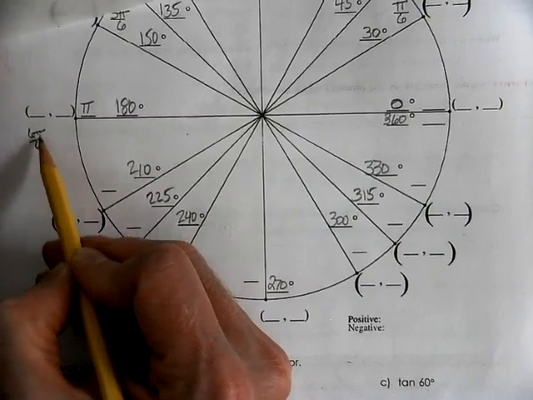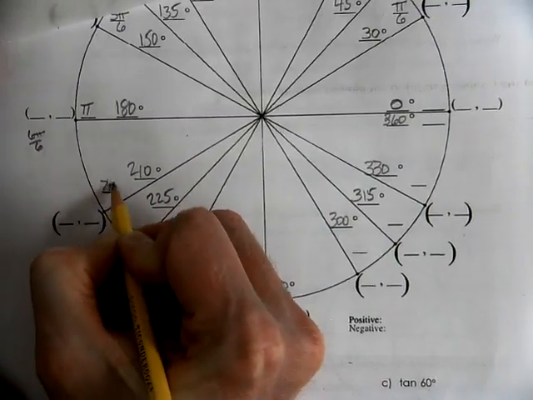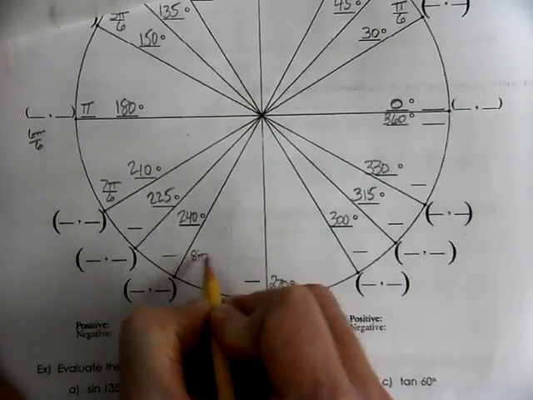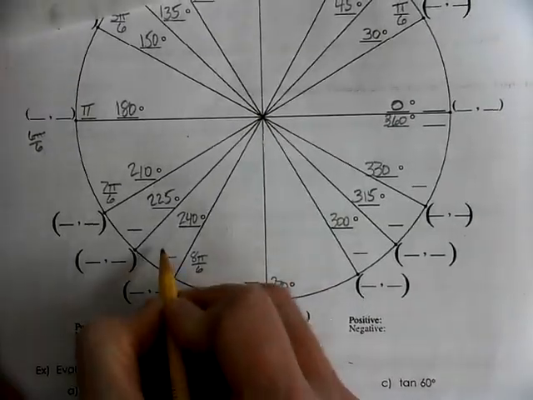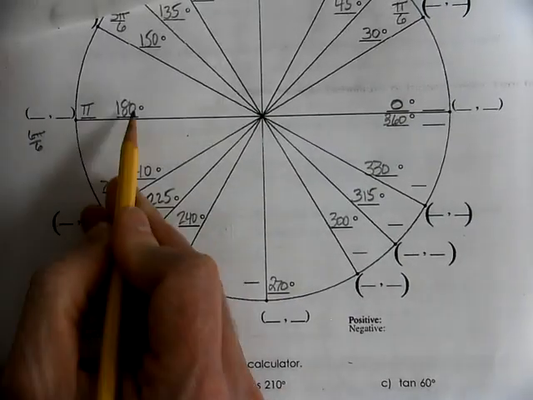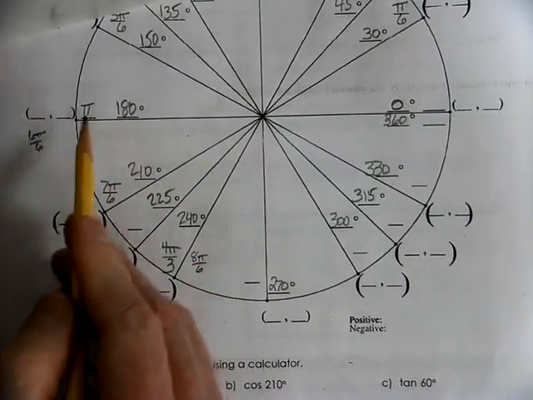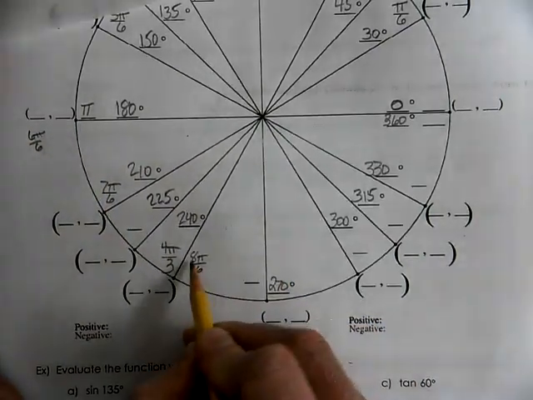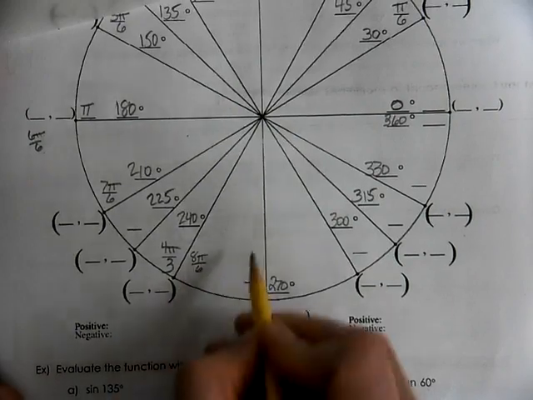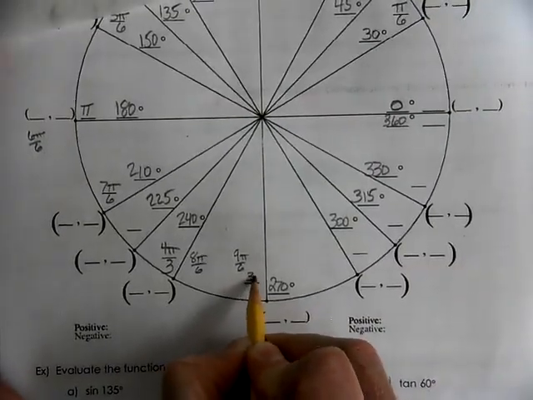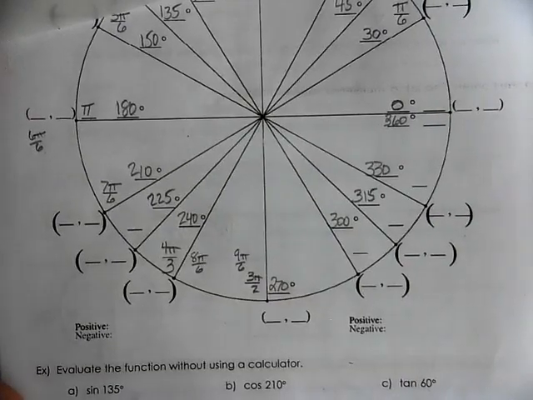So this is 6 pi over 6. This is 7 pi over 6. This is 8 pi over 6, which can be reduced to 4 pi over 3, because it's another 60 degrees from 3 pi over 3. That was 8, so this is 9 pi over 6, which can reduce to 3 pi over 2.